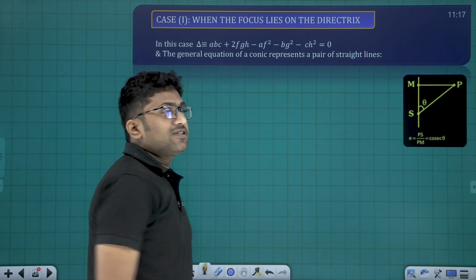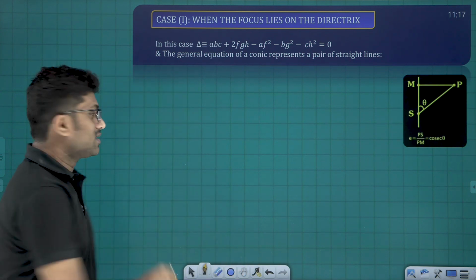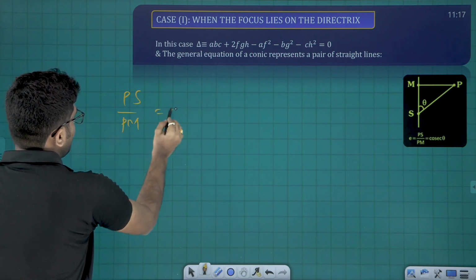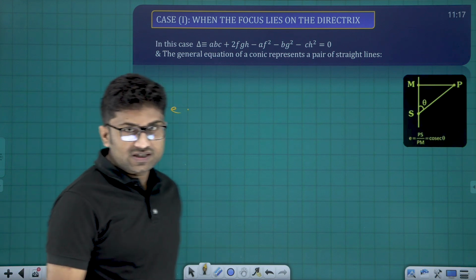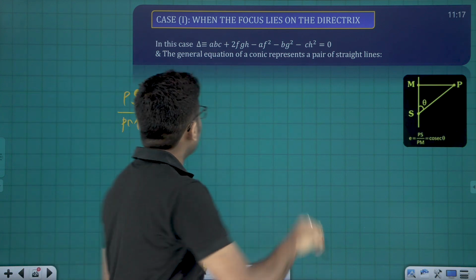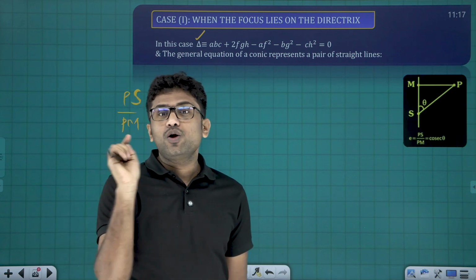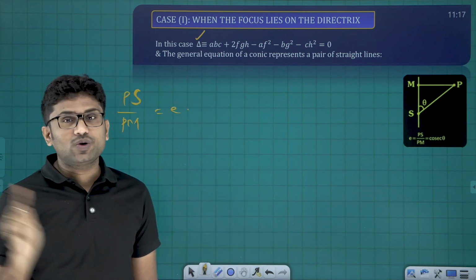Most important, friends, when the focus lies on the directrix, though PS by PM is equal to some constant, if this focus S lies on the directrix, then for the second degree equation, delta will be equal to 0. The locus of P will always be a pair of straight lines, not a conic section.